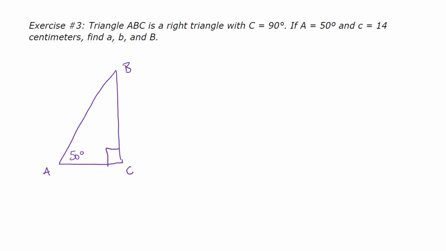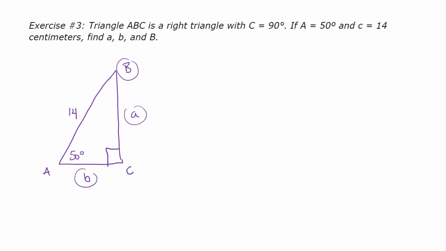So lowercase c would be across from my angle C, so that would be the hypotenuse. And then I am told that I need to find lowercase a, lowercase b, and angle B. So I need to find all of these missing sides and angle.